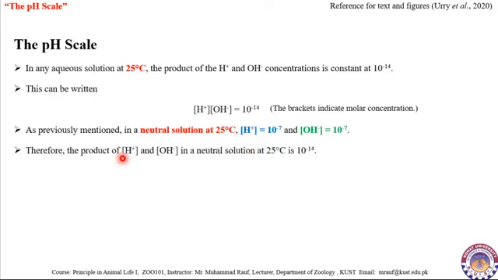Therefore, the product of hydrogen and hydroxyl in a neutral solution at 25 degrees centigrade is 10 raised to the power minus 14. Both have 10 raised to the power minus 7, and their product is 10 raised to the power minus 14.